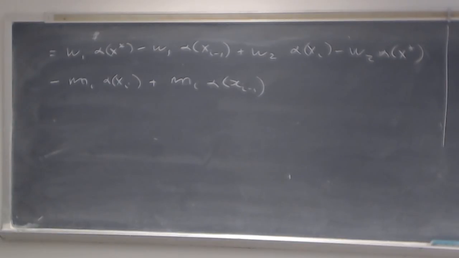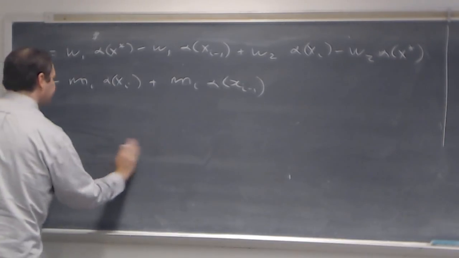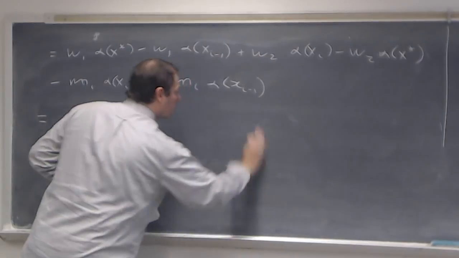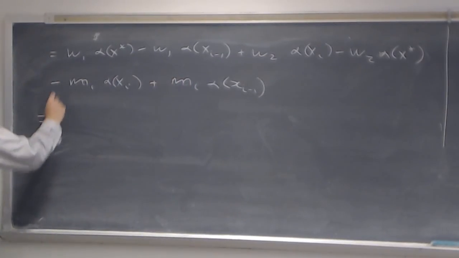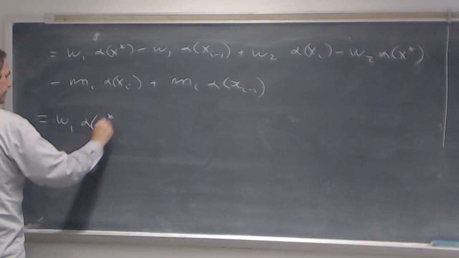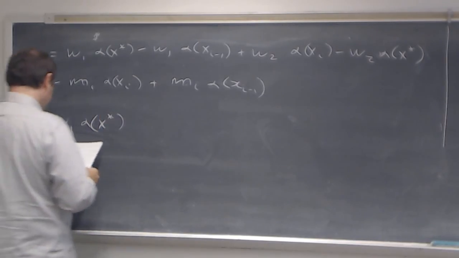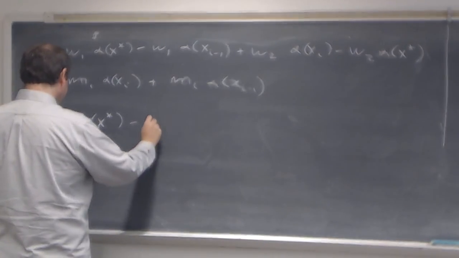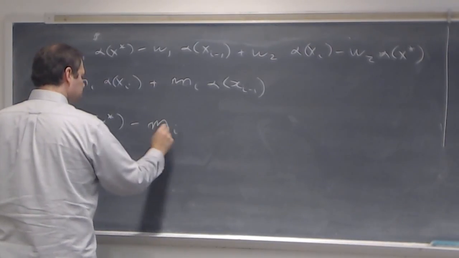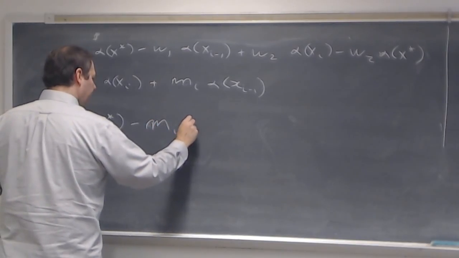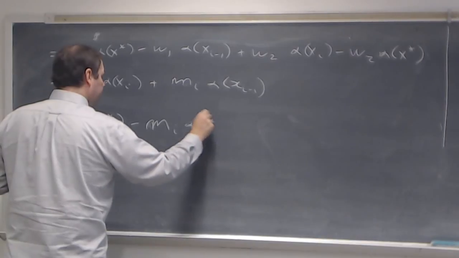And then I'm going to add and subtract the same thing so that we get this form into a more beneficial setting. So I'm going to say this is W sub 1 alpha x star. And then I'm going to subtract m sub I alpha x star.